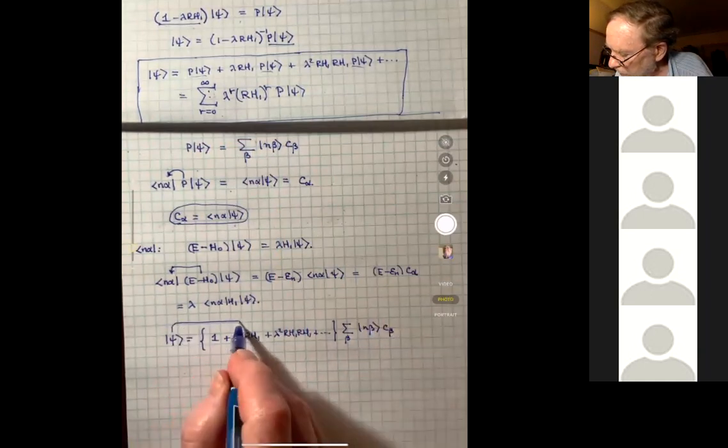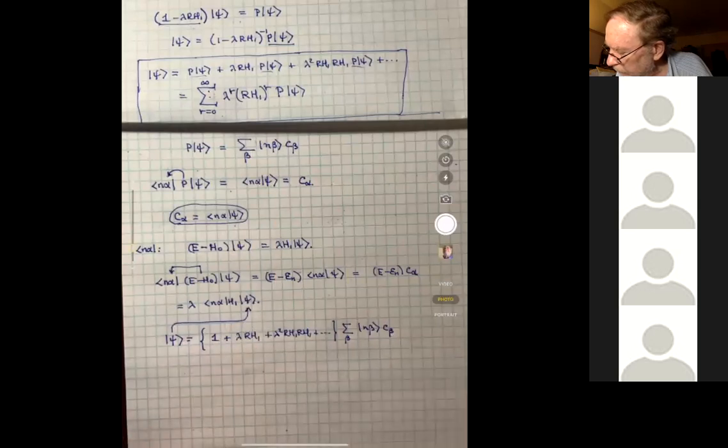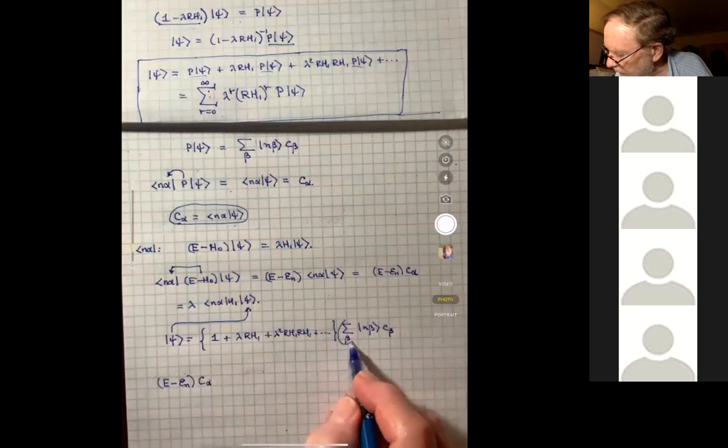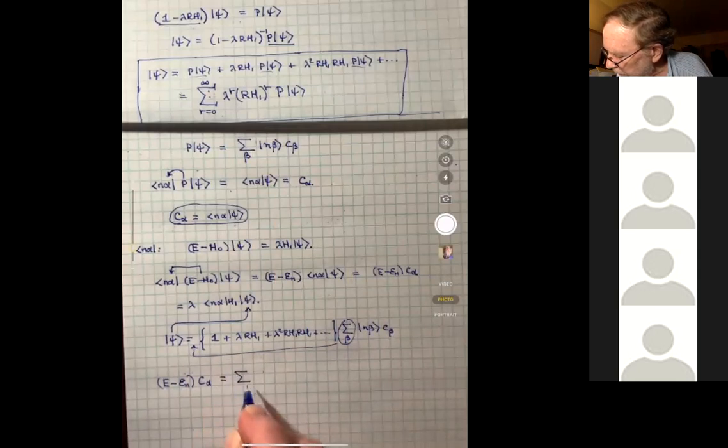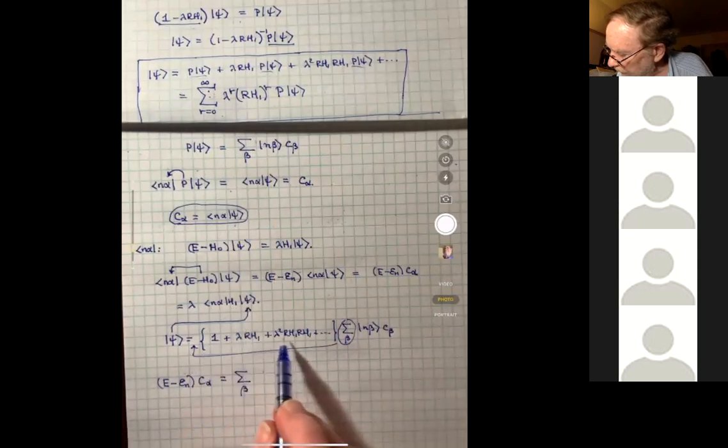And then I want to put that psi into there. So let's gather that together. What we have is (E minus epsilon N) times C alpha. Let me take this sum over beta and bring it over to the left-hand side like this, which I can do. What we get then is this is equal to the sum on beta of N alpha H1 multiplying this series.